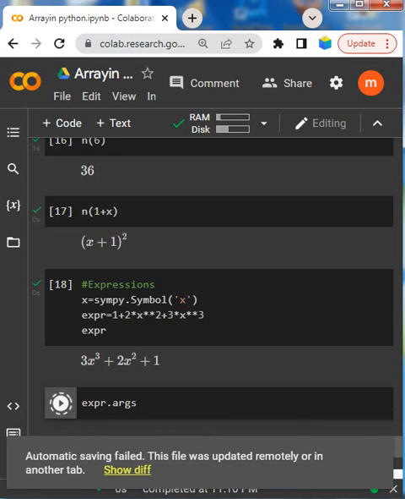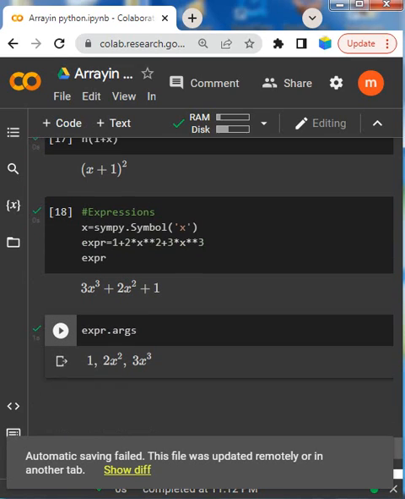Is it possible to write here each argument? Yes, it has been created.